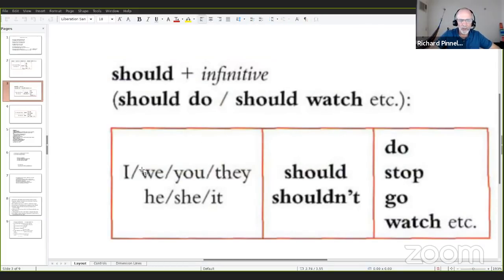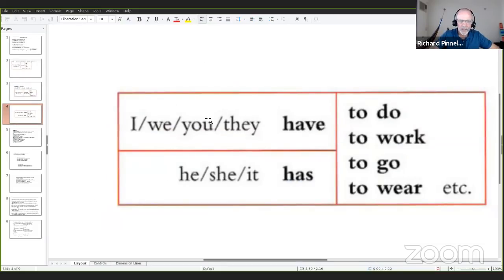I should, primero sujeto, después should o shouldn't, el negativo, después el verbo principal. We should stop the class. He shouldn't go to China. She should watch Game of Thrones. Very good program.